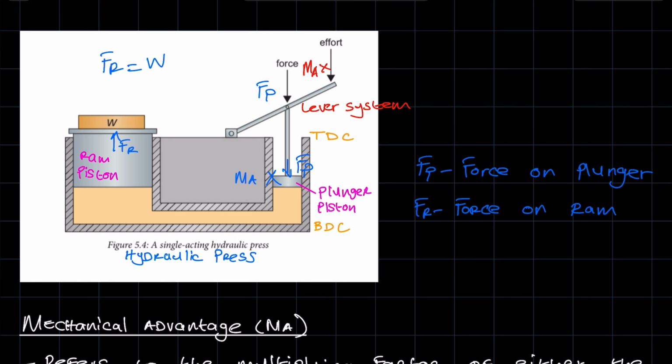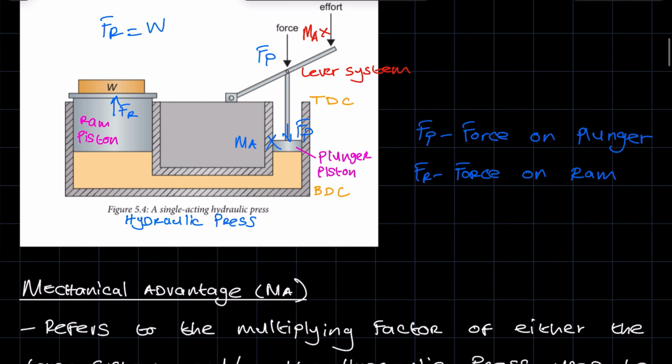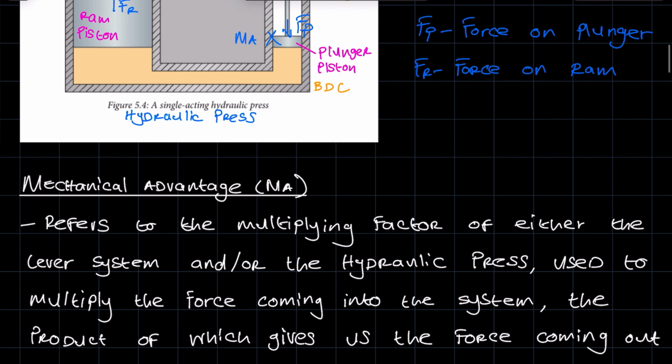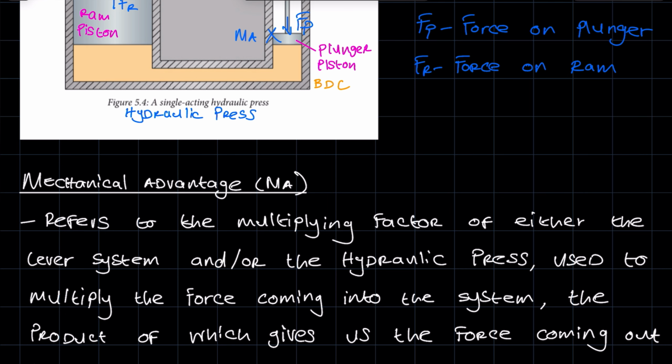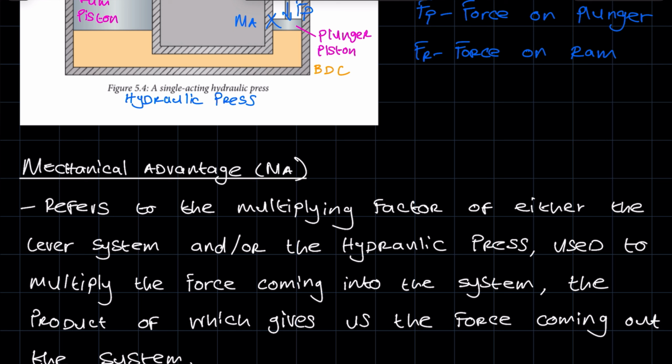In looking at the forces involved in the hydraulic press, we will get to use concepts based on mechanical advantage, as well as Pascal's law. So let's first look at both of those terms.